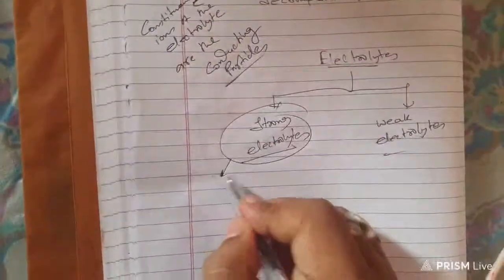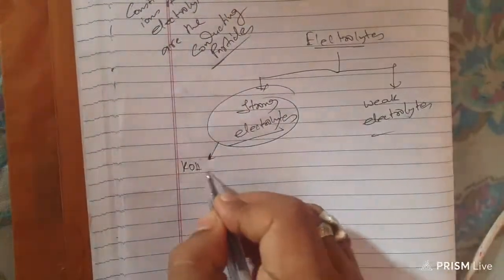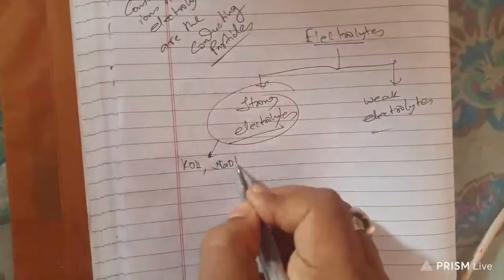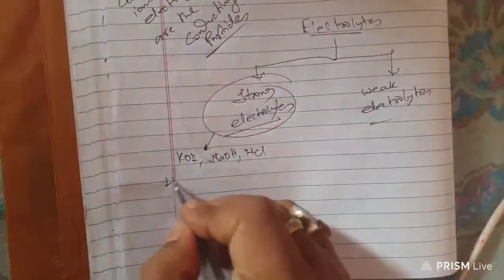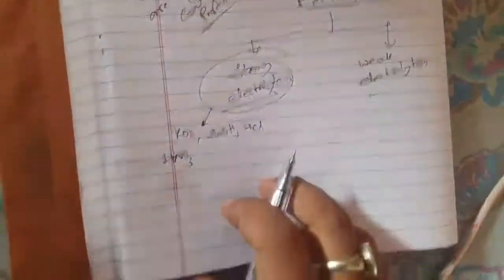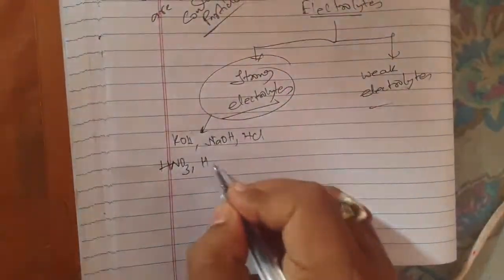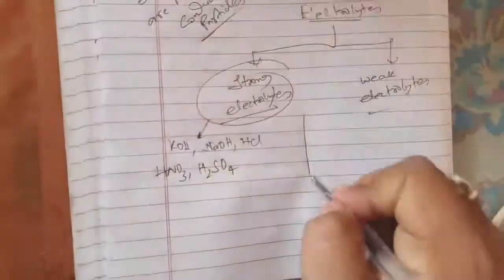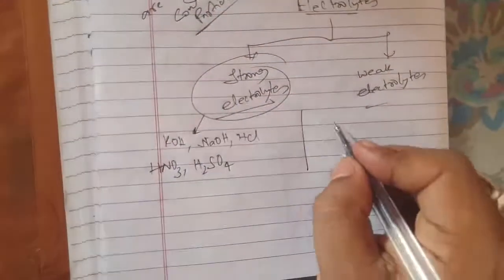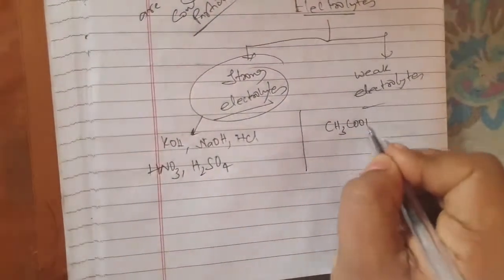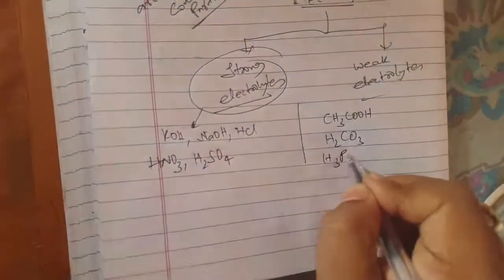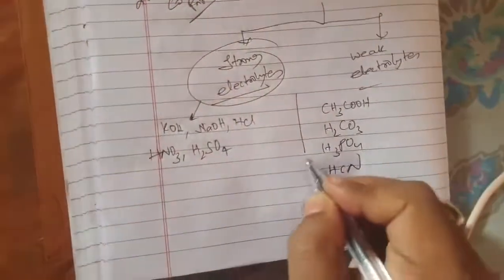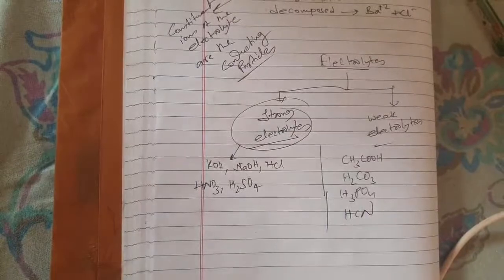Strong electrolytes are, for example, KOH, NaOH, HCl, HNO3, H2SO4. These are strong electrolytes. And weak electrolytes are the likes of CH3COOH, then H2CO3, H3PO4. These are weak electrolytes. Now these are the examples of strong electrolytes and weak electrolytes.